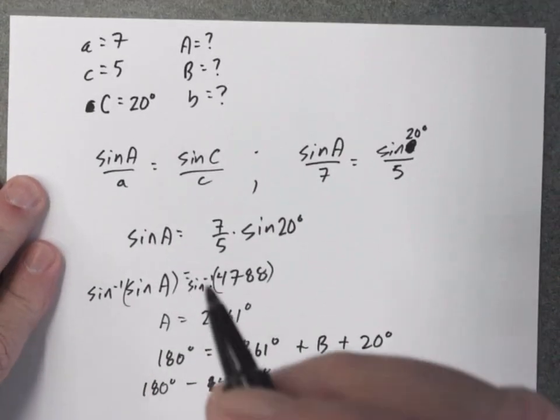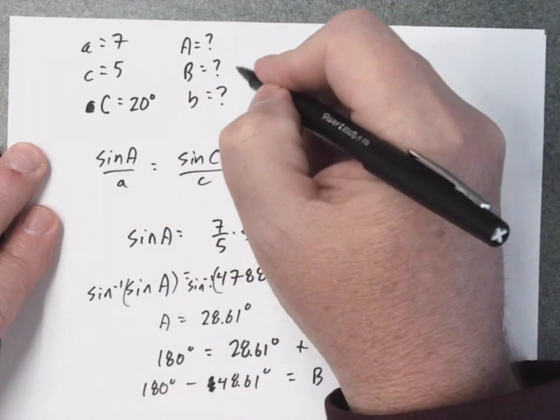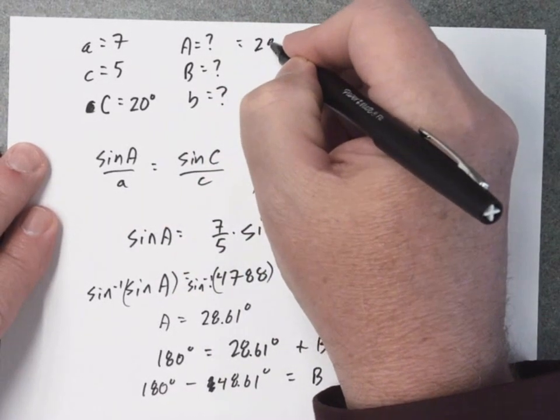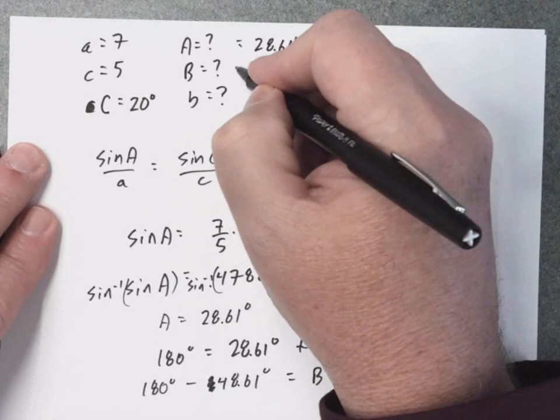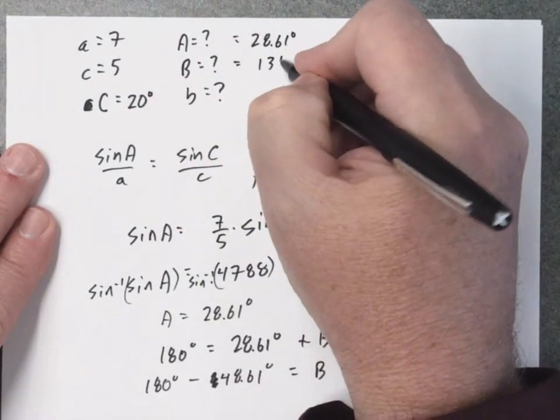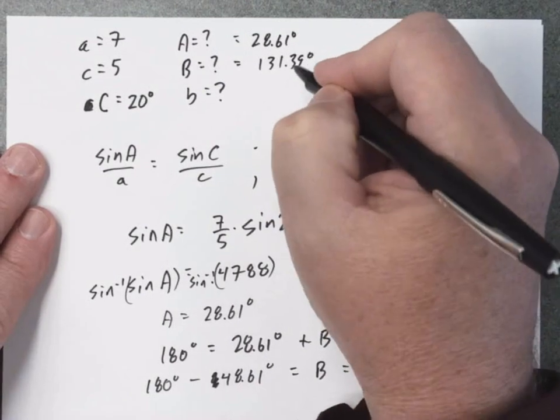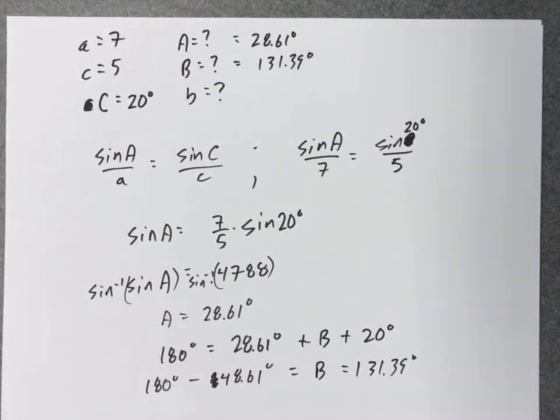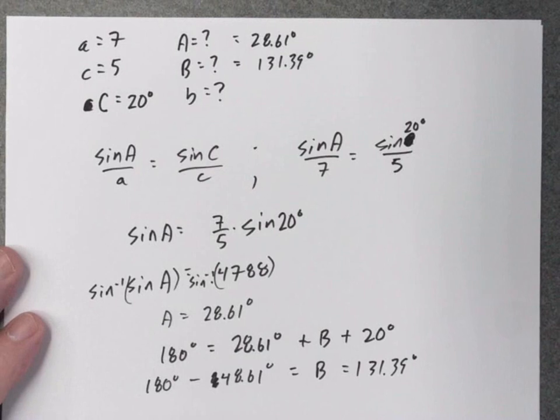So far, I've determined angle A is 28.61. Determined angle B is 131.39. Now to find side B, I'm just going to use law of sines.